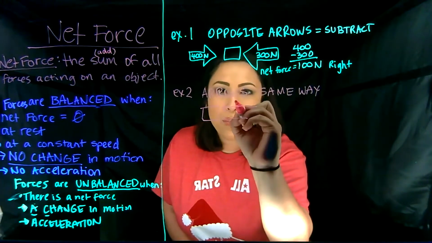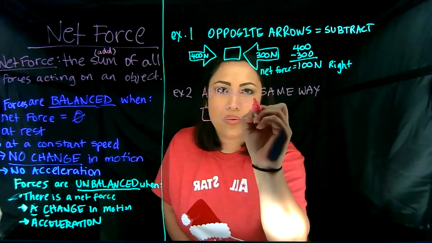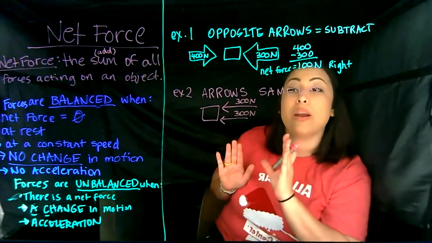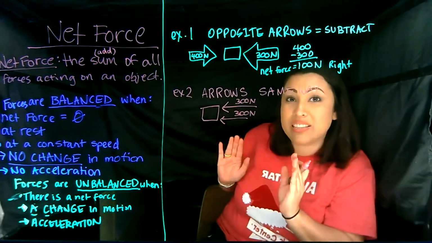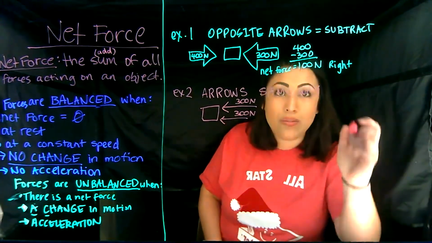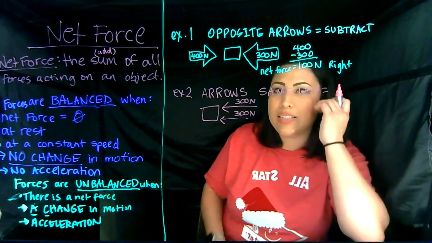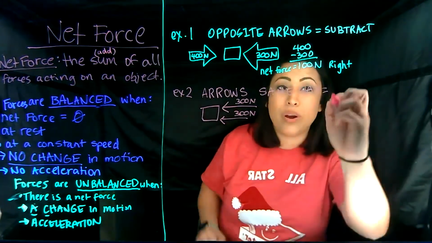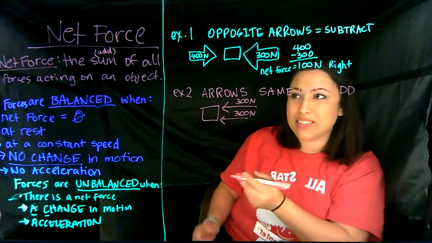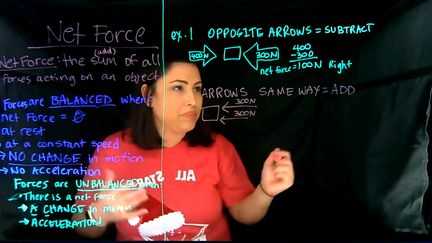And let's say they're both 300 newtons. So that's like if 2 people are trying to move this box and they're both pushing on the same side in the same direction. So if they're going the same direction, same way, we're going to add those forces. Make sense? Okay.